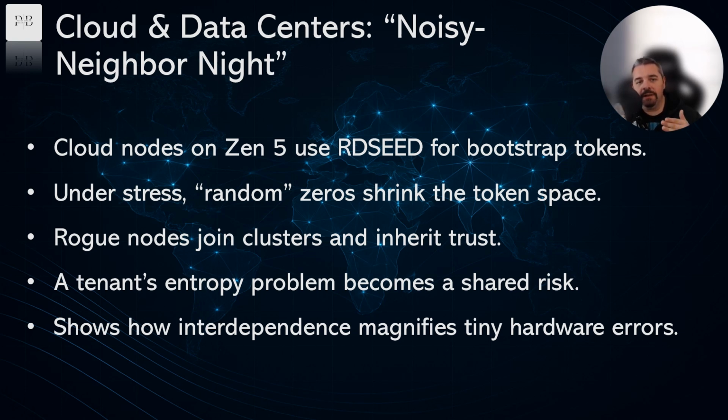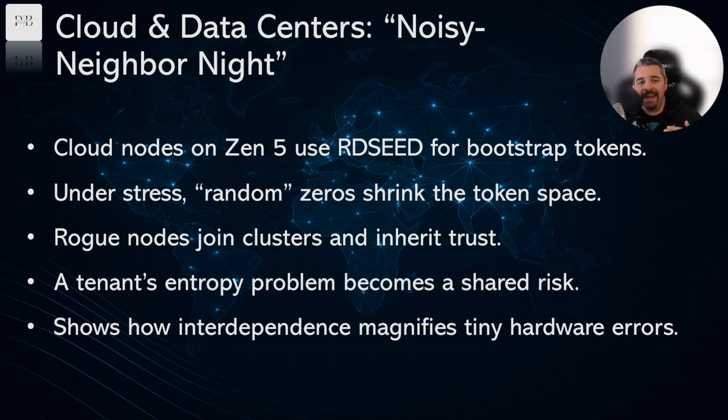A local tenant, maybe just another customer in that region, notices that when they run memory-intensive jobs, the hypervisor feels unstable. Without realizing it, they are reproducing the same stress condition that makes RDSEED fail.